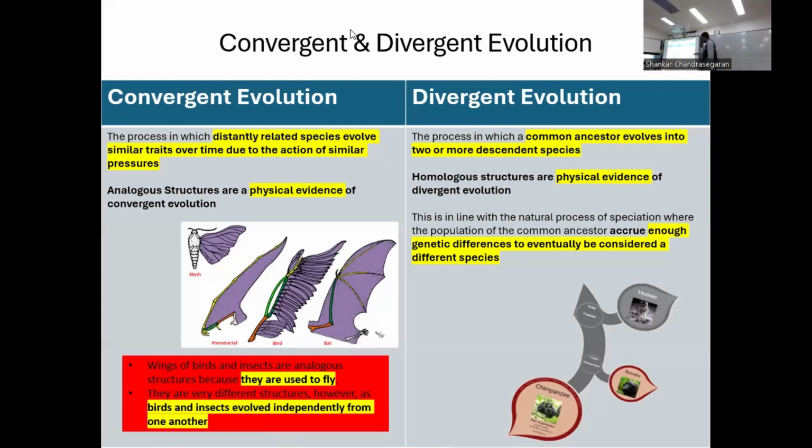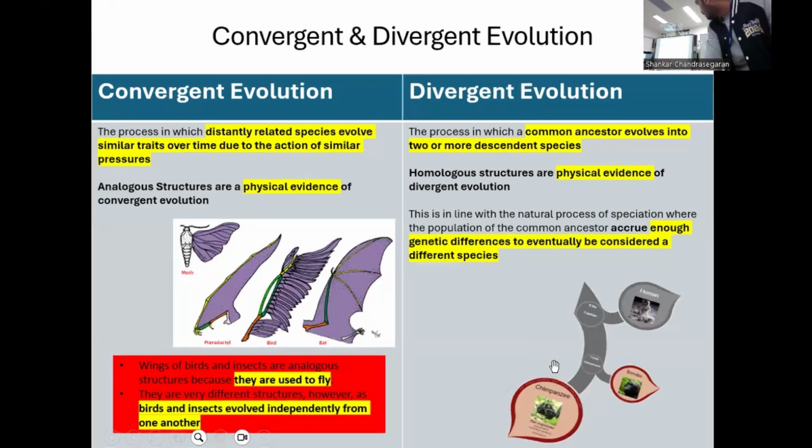This is in line with the natural process of speciation that we've discussed. How it works is that they accrue genetic differences, and eventually they accrue enough genetic differences to be considered different species.